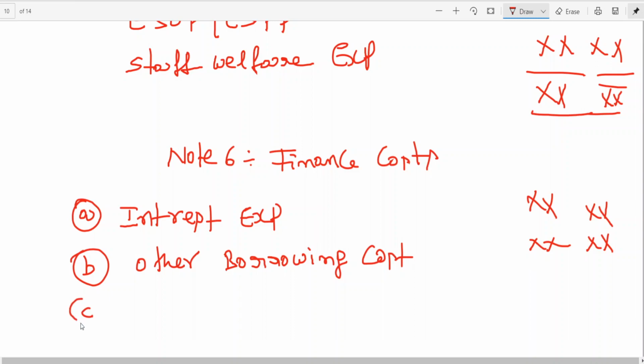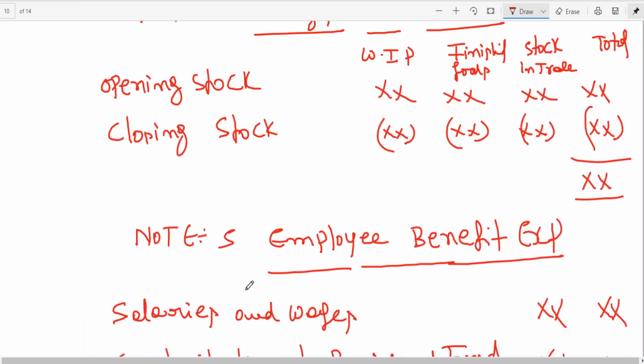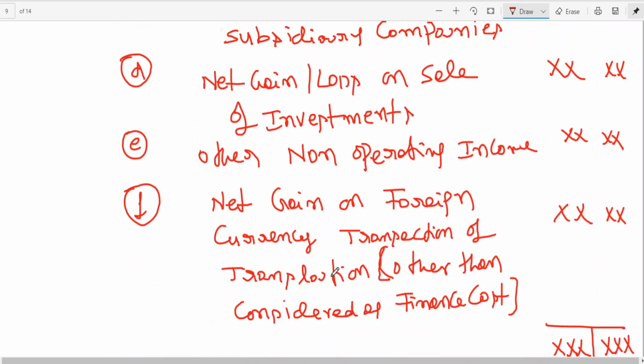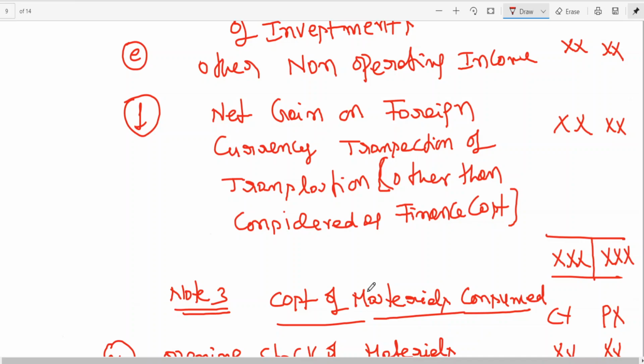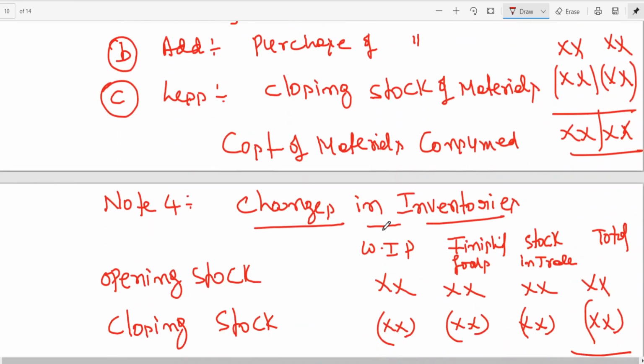See, this we have discussed already. Here I have explained to you net gain on foreign currency transaction translation other than considered as finance cost. If the gain or loss is related to finance cost, it should be taken here.